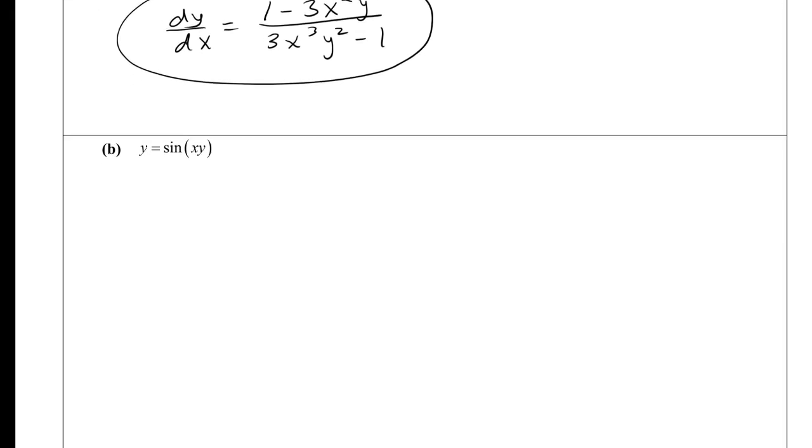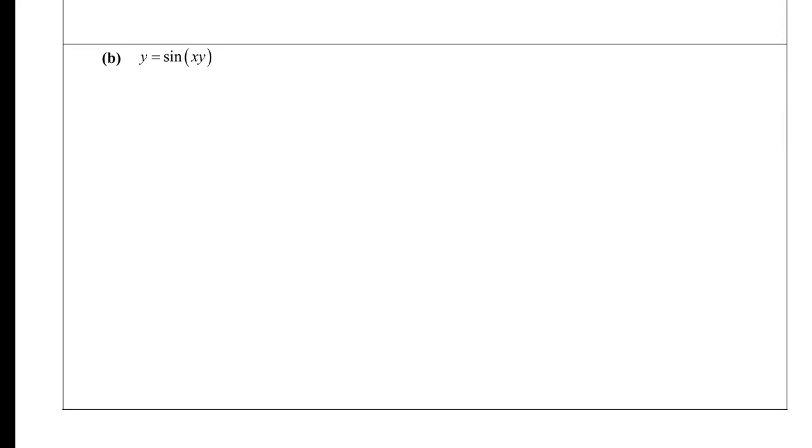All right, on to the next one. So y equals sine of xy. Again, we're going to need implicit differentiation. So we're going to do the derivative with respect to x of both sides. Okay, on the left-hand side, that's just simply the derivative of y, which is dy dx.